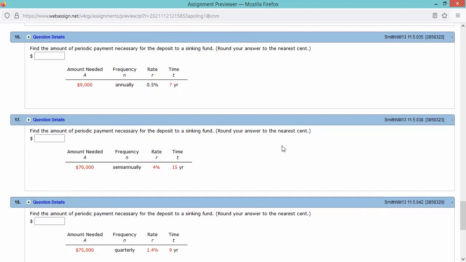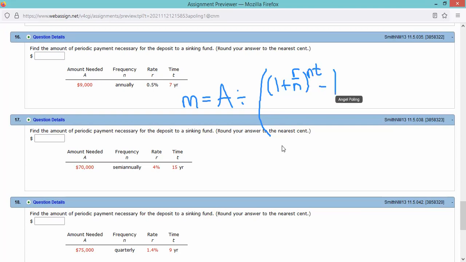So we need to solve for M now, in that we do A divided by the stuff we've been doing, right? 1 plus R over N to the NT minus 1, divide by R over N.